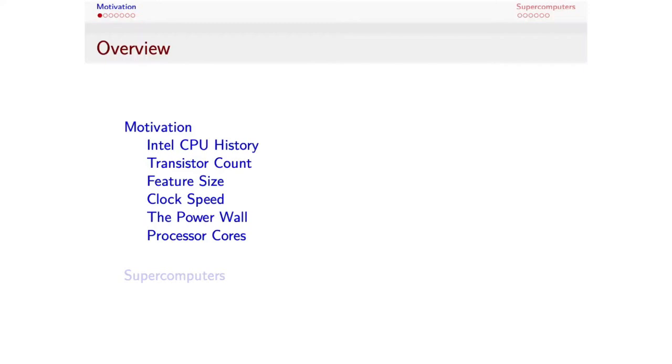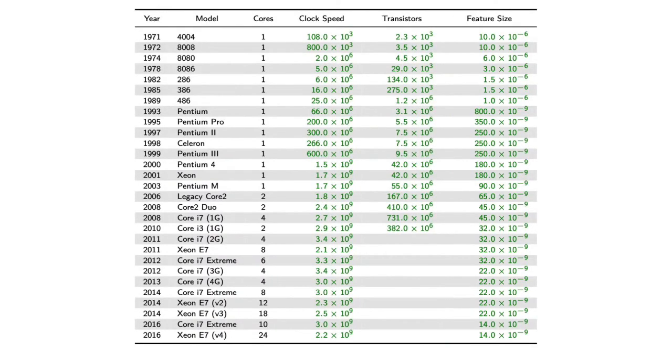So we're going to take a look at some of the historical background behind this process and start out with an overview of various performance characteristics of different processors over the years. This table gives us some key metrics associated with different microprocessors over the years, going back to 1971, which was the year during which Intel released the 4004.